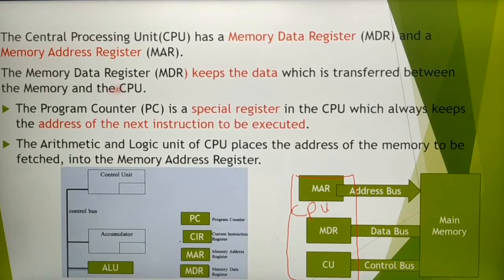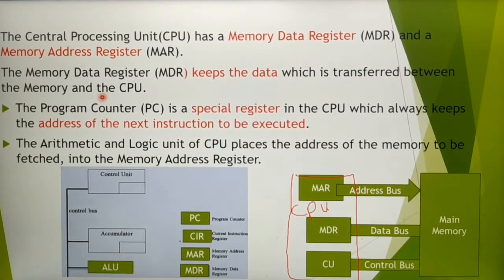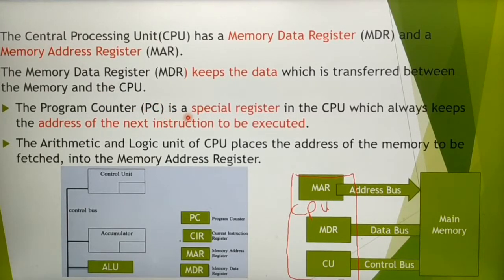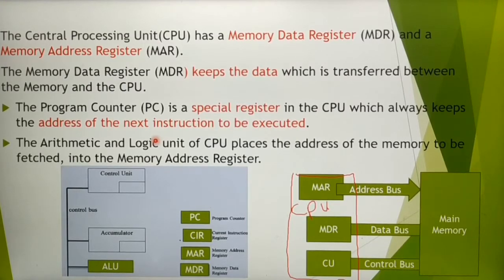The memory data register keeps the data which is transferred between memory and the CPU. The program counter, which is simply called PC, is a special register in the CPU which always keeps the address of the next instruction to be executed. Then the arithmetic logic unit of the processor places the address of the memory to be fetched into the memory address register.